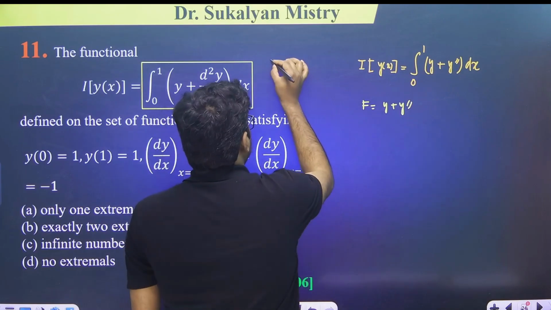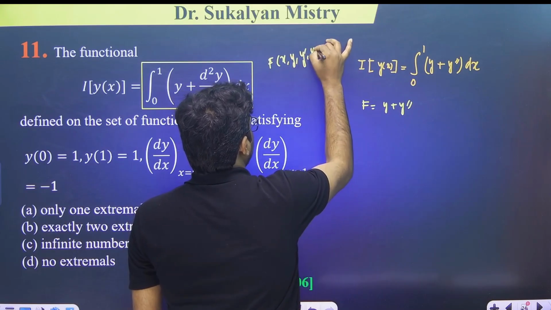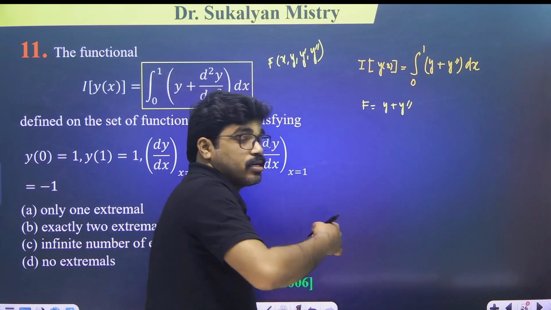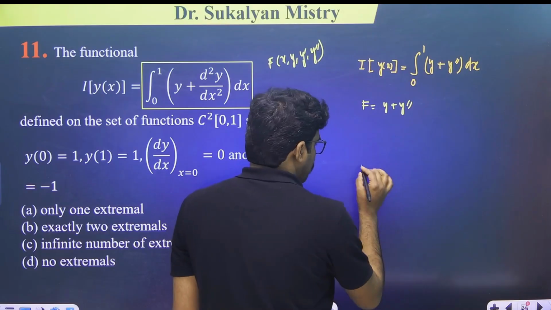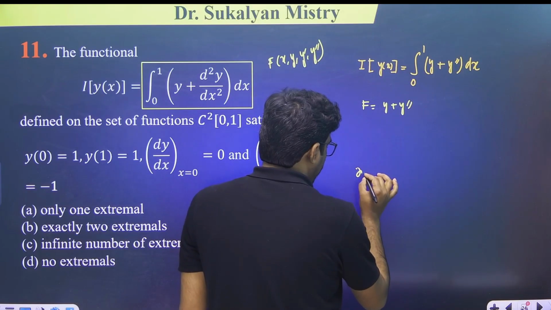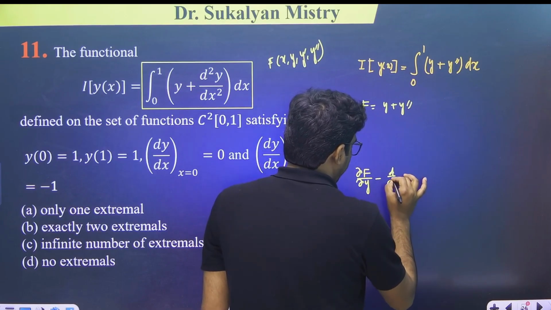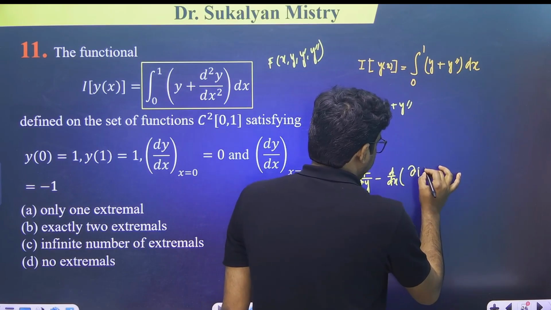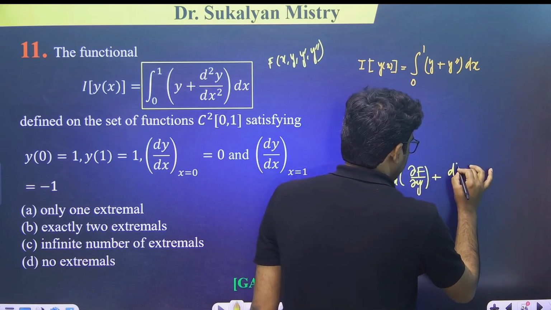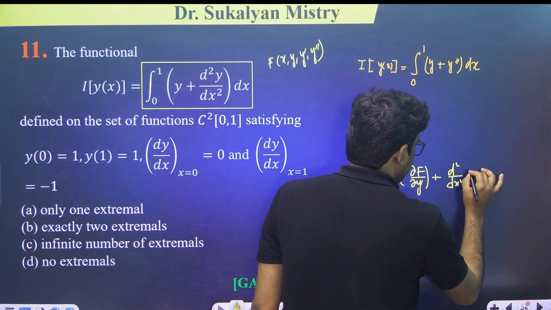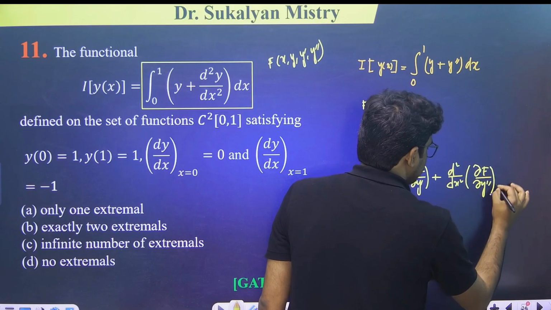If f is a function of x, y, y dash, y double dash, then the equation will be del f del y minus d dx of del f del y dash plus d2 dx2 of del f del y double dash is equal to 0.